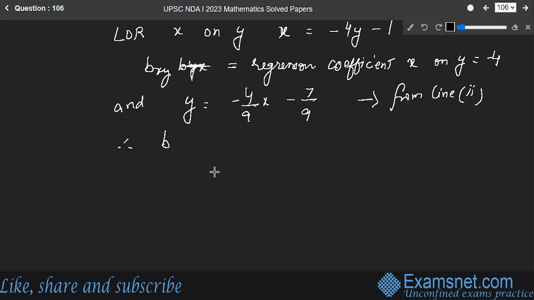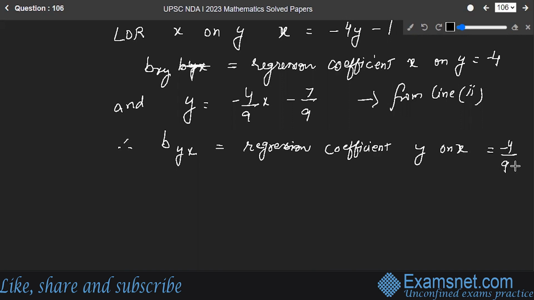Now this is byx, the regression coefficient of y on x, that is minus 4 by 9.